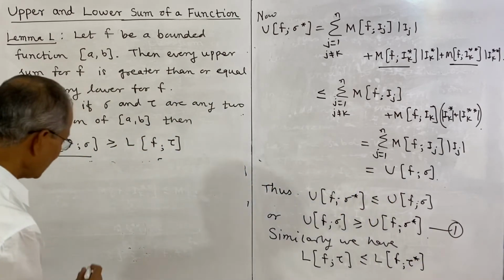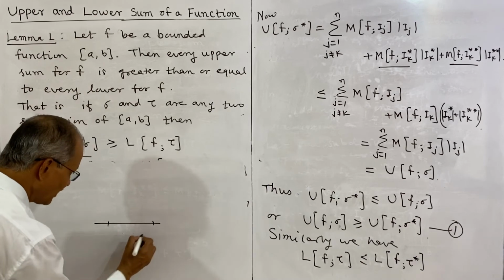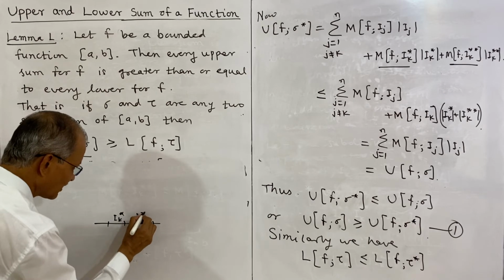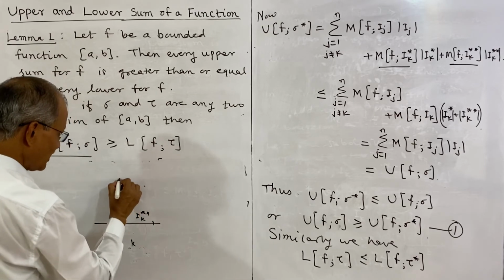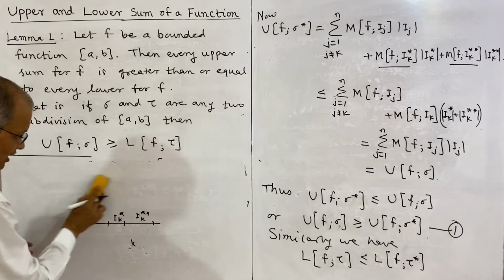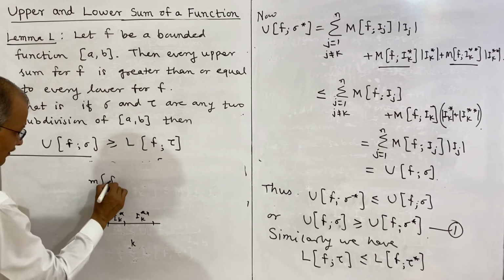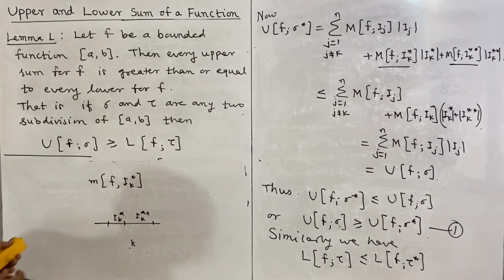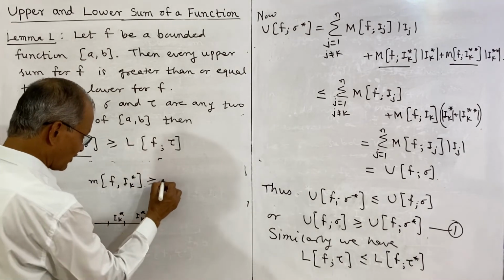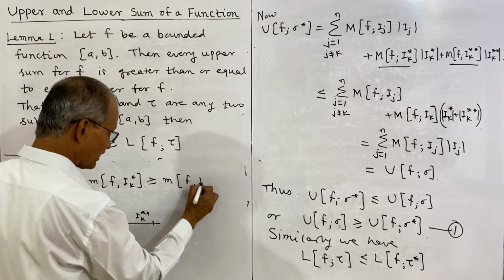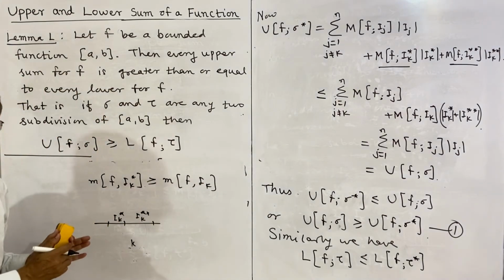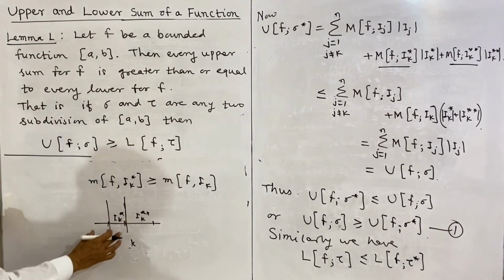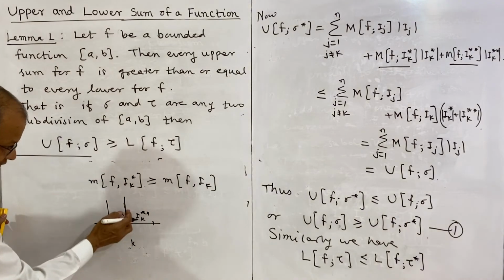Because if you divide the interval I_k into two parts, I_k star and I_k double star, and take the minimum value, that is the lower sum, the minimum value of f on I_k star is greater than or equal to the minimum value of f on the bigger interval I_k. That is the change here, because the function may have a greater value here, and then the function may be decreasing.